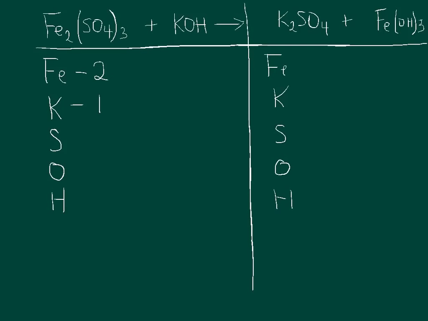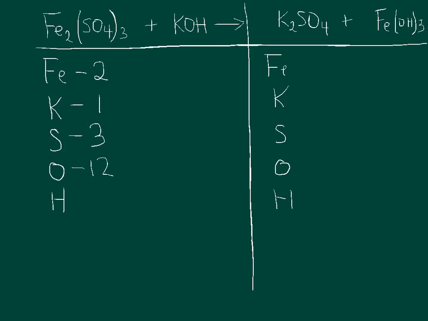Since I only have 1 sulfur there to begin with, if I multiply that by 3, I'm going to end up with 3 sulfurs. Now oxygen works the same way. Inside the parentheses you can see I have 4 oxygens, and so I'm going to multiply that by 3. 4 times 3 is 12, so I have 12 oxygens there.